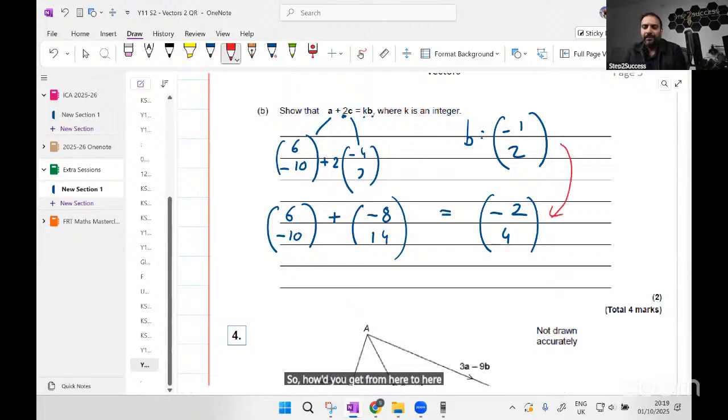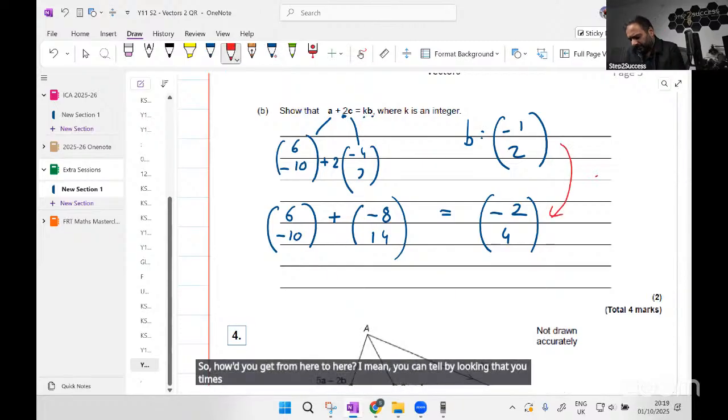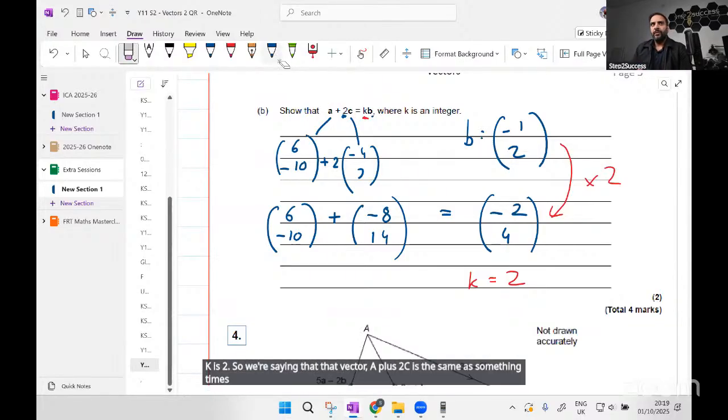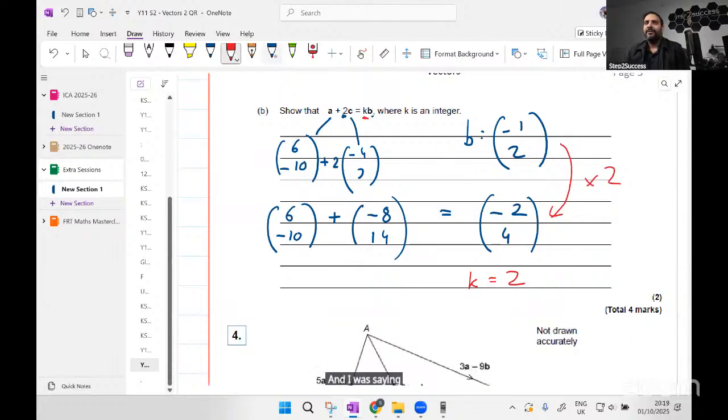You can tell by looking that you times it by 2, because that gives you minus 2, 4, which means that the k is 2. So we're saying that that vector A plus 2C is the same as something times B. It is 2 times B, isn't it? Because we had minus 2, 4, and we're saying that B is minus 1, 2. If you double that minus 1, 2, you get to minus 2, 4. So k is 2.